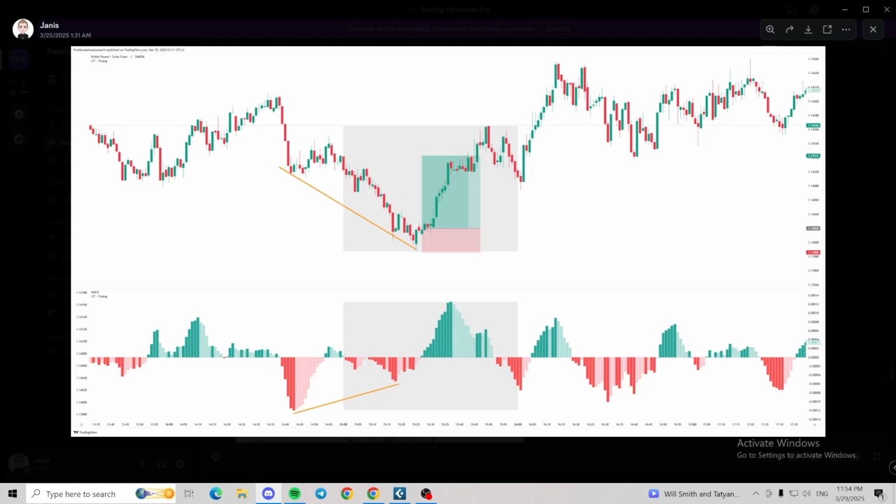So only red bars, only green bars, and only red bars. Okay, the setup is clean and we enter. One thing though, the histogram can be before the box, but entries are only inside of the box. Okay, so no trades on both sides, only inside the gray box is a trade.